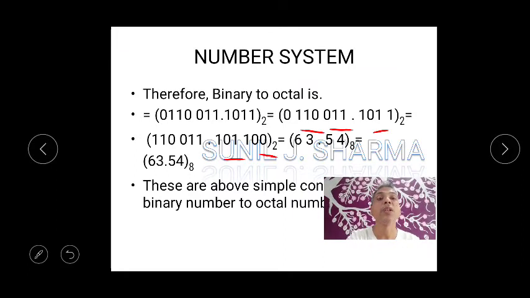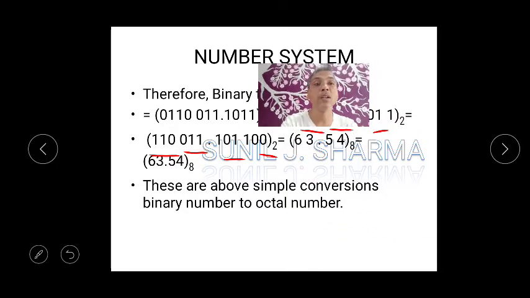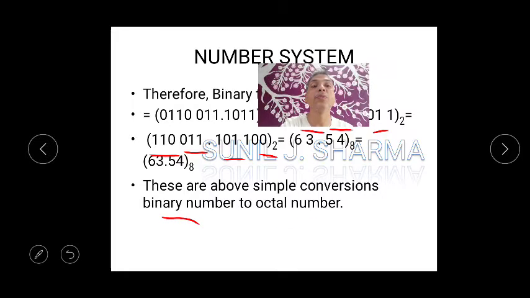Can you see here they have done the padding, group of 3, group of 3, and this you already know, 6 3.54. So I think these are simple conversions from binary to octal. I hope it is clear.